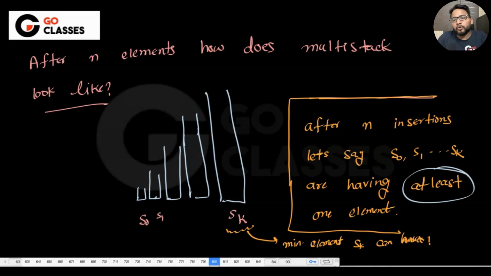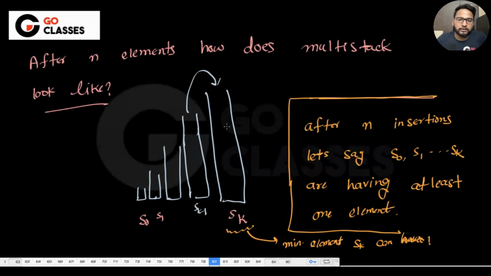See, this Sk can have any element only when you are transferring from here to here. Just after one transfer, how many elements can this Sk have? Just after one transfer, 3 power k minus 1, right? This is Sk minus 1, which is having 3 power k minus 1 or something. So basically, the minimum elements can be only after one transfer.